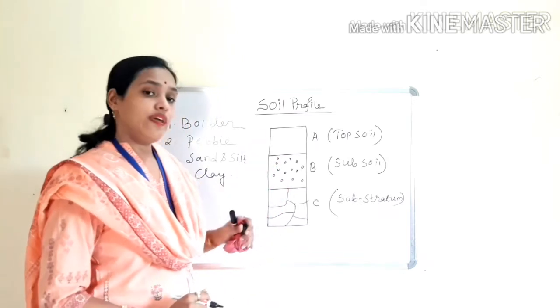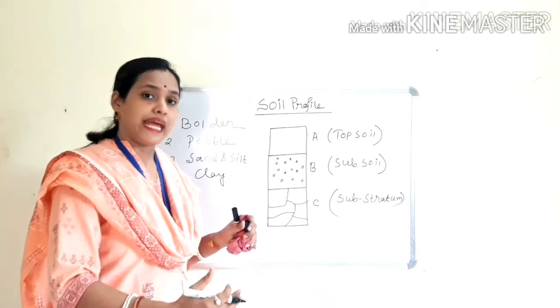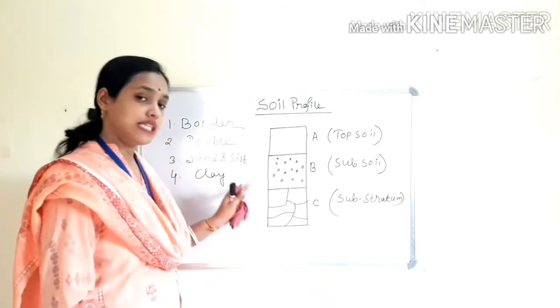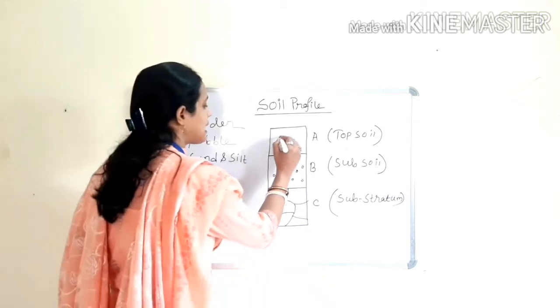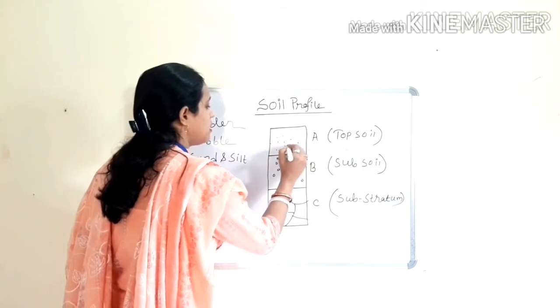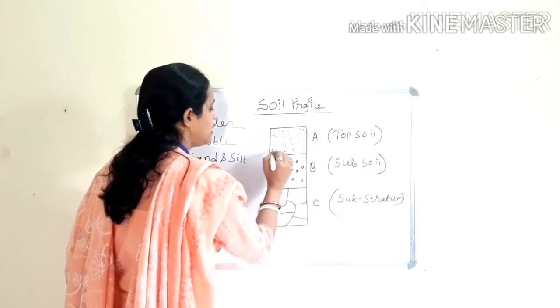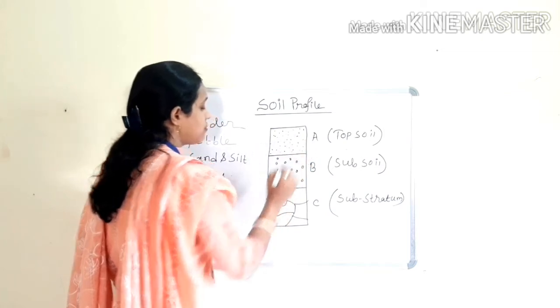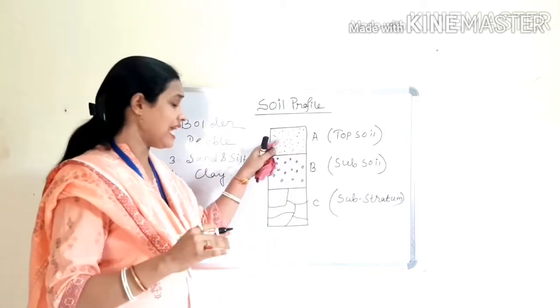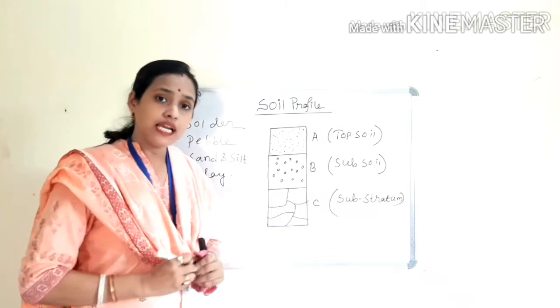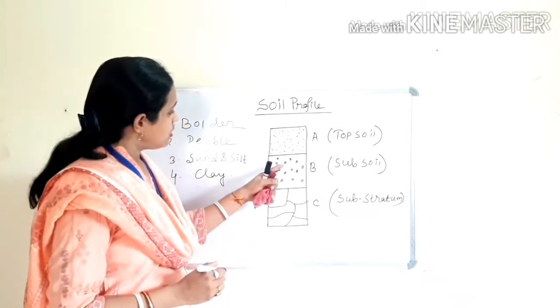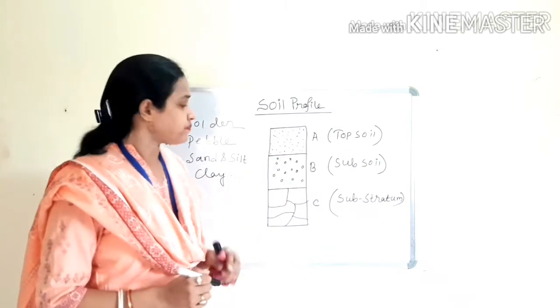Next, in A layer we find further breakdown of pebble, sand and silt into clay-type materials. This is very small compared to pebble and sand and silt. That means the materials found in A layer are smaller in size in comparison to B.